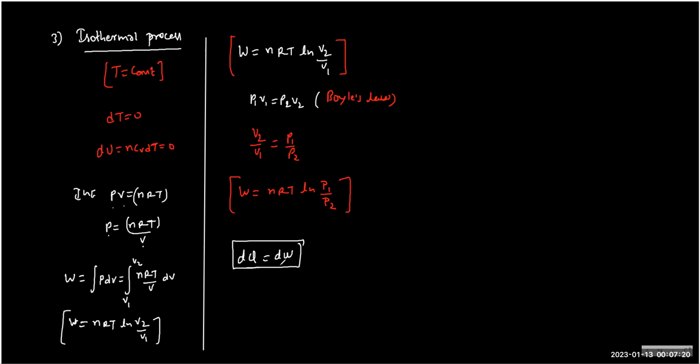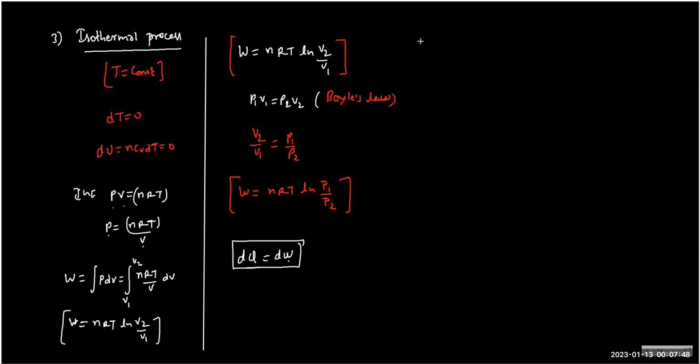Work will be positive, expansion. And dQ will also be positive, which means heat will be absorbed by the system. So in an isothermal process, when there is heat absorption, it will expand, and when there is heat release, it will shrink.